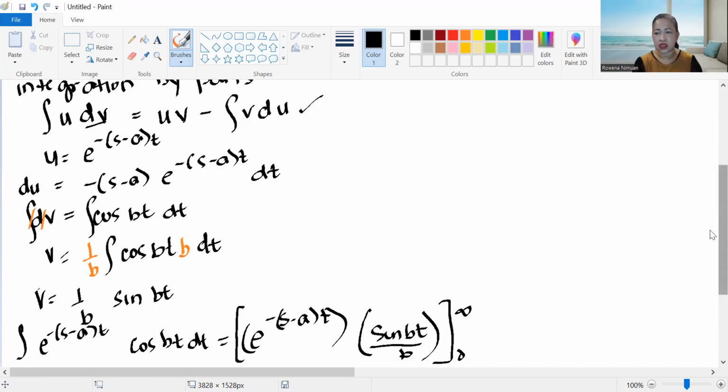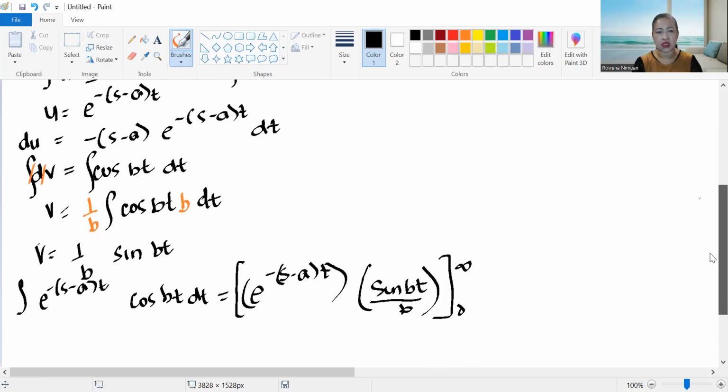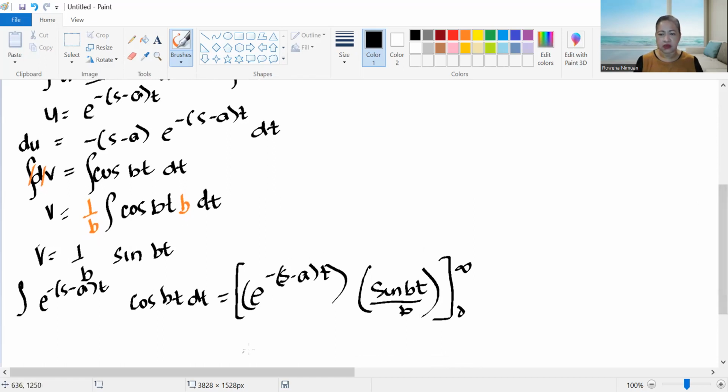Then we also have minus the integral of v du.